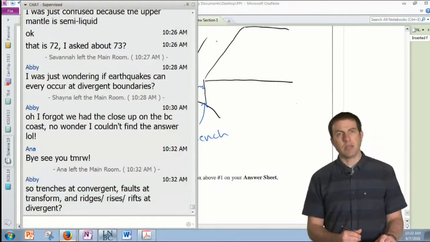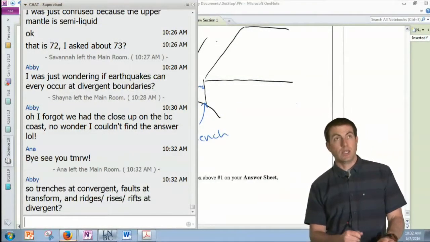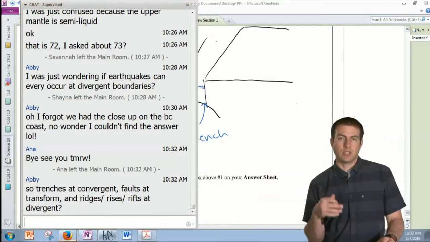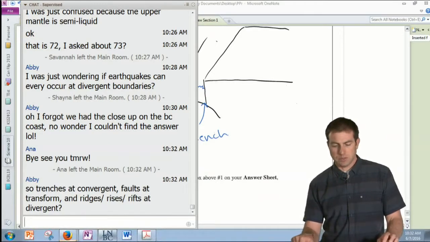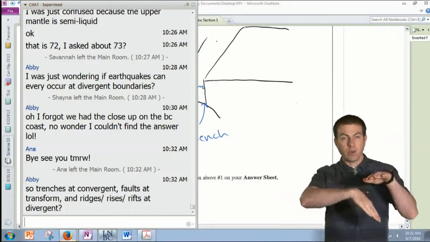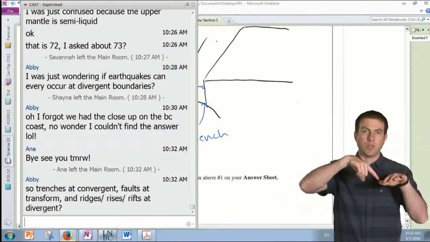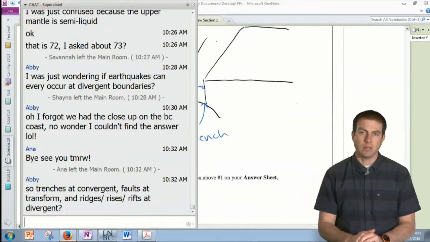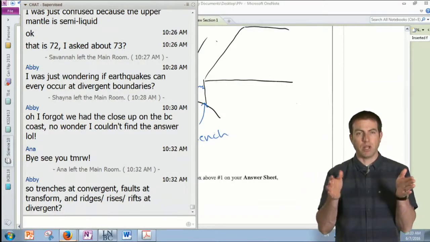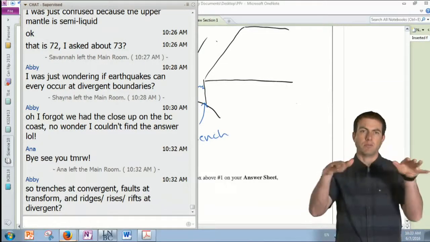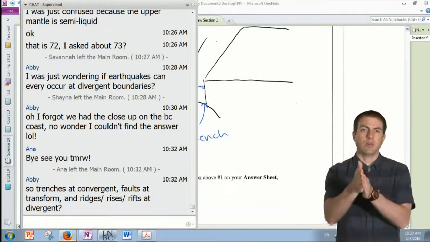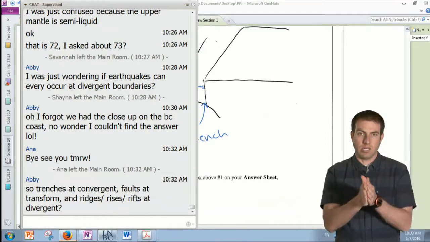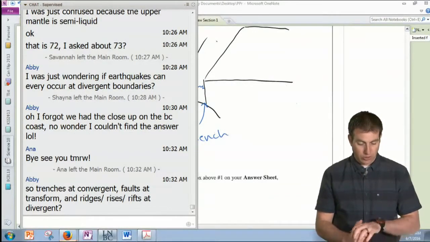So trenches happen at convergent boundaries, usually continental-oceanic plate boundaries, because you get the small oceanic plate going under, and where the two plates meet, you get a trench forming. If you have plates moving apart, magma pushes up, you get a mid-oceanic ridge, and then transform faults just slide past each other, so you don't really get much happening at those, other than earthquakes.